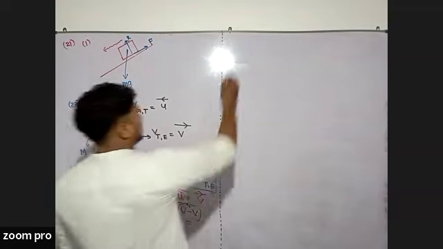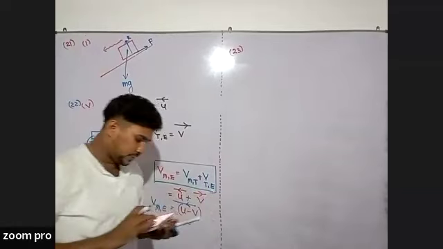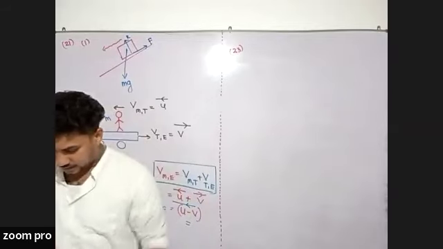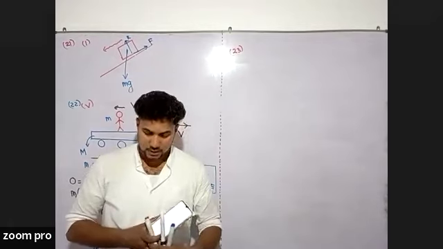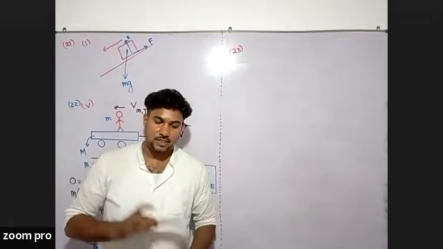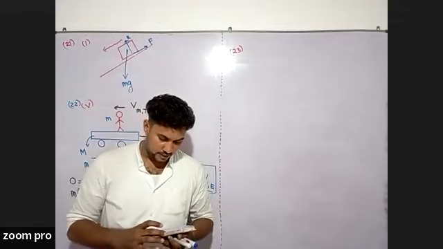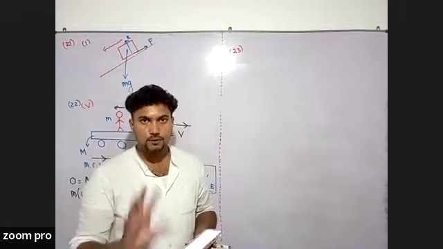Right. In the 23rd question, consider the given statement about the object in equilibrium under a system of coplanar forces. I have discussed that there are two requirements that should be satisfied in order to remain in the equilibrium position, right? Both these requirements should be fulfilled.